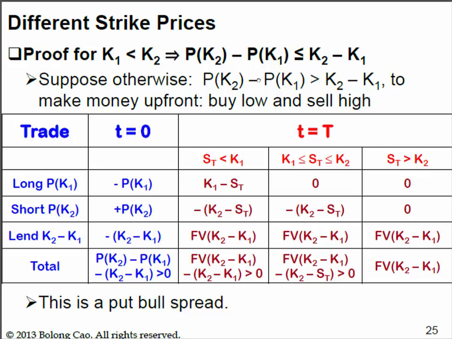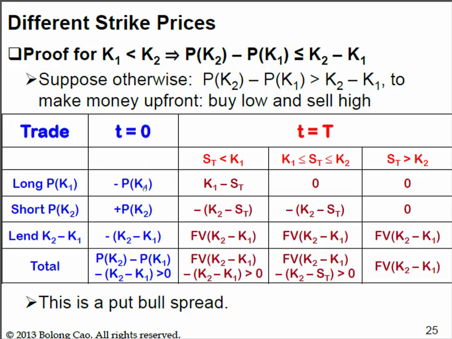So if we summarize our position, we are buying the low strike puts, selling the high strike puts, and we lend out the difference between K2 and K1. That's the first column. What about cash flow?